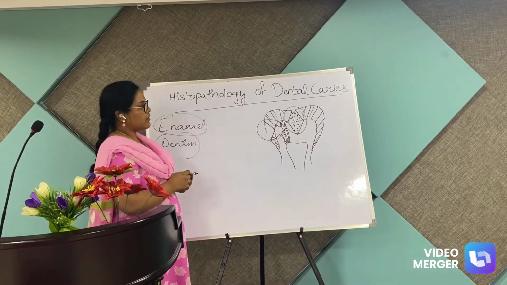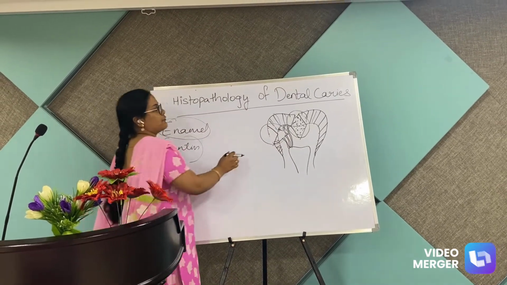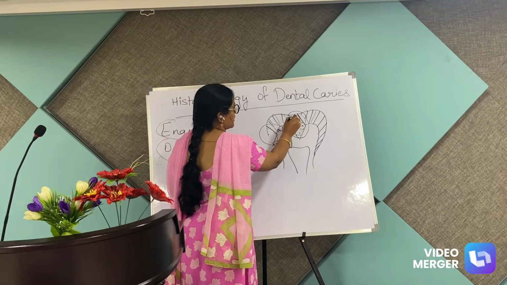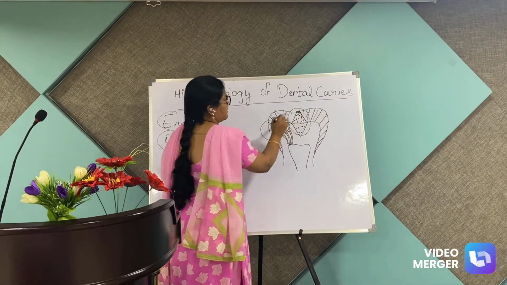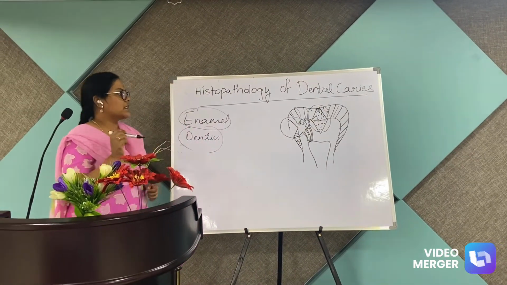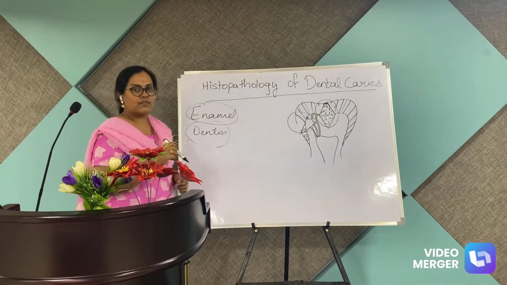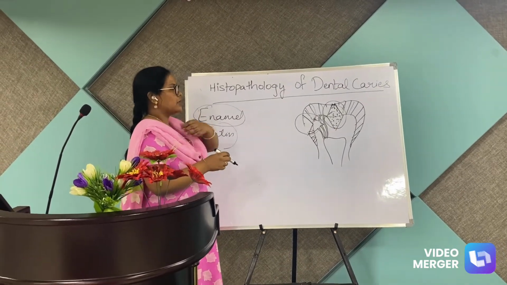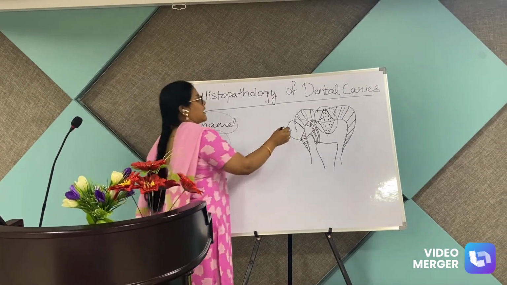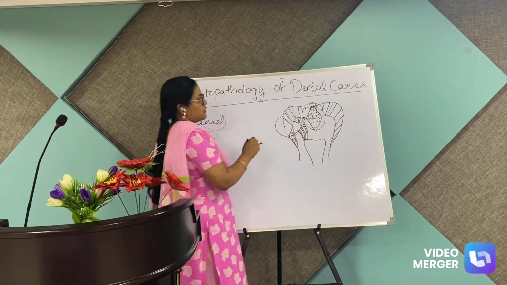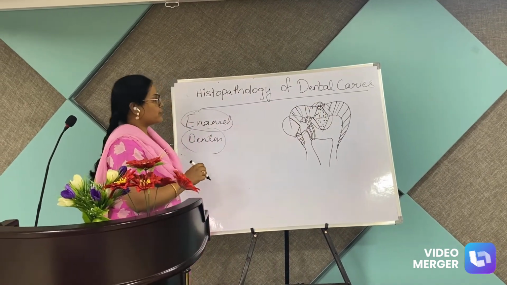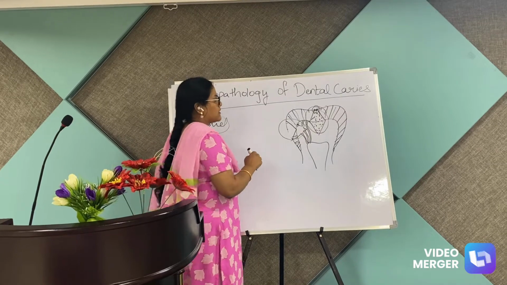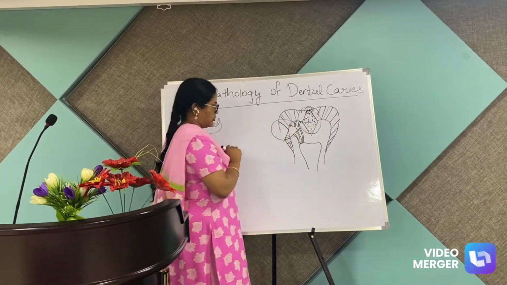So when we talk about the occlusal caries, the point of entry, if we notice, is the deep pit or fissure, which is the deepest part of the tooth. This pit or the deepest fissure acts as a source of entry of bacteria into the deeper parts of the tooth.